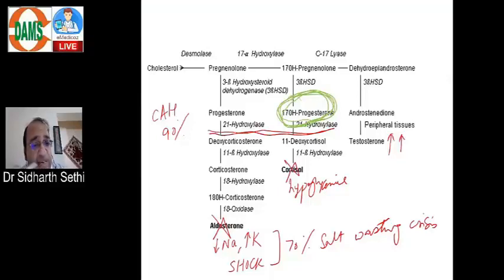Now in your last NEET PG, they even asked you, how do you treat CAH? We treat CAH by supplementing a mineralocorticoid, fludrocortisone, and a glucocorticoid, hydrocortisone.